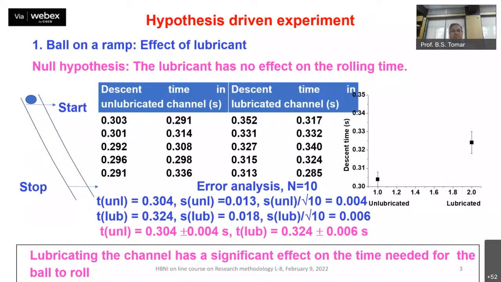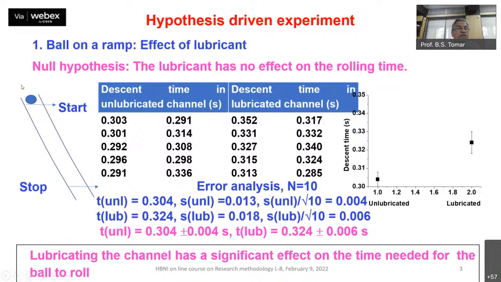Okay. So today we start the discussion on how to interpret the results when we are testing a hypothesis. And I have taken some examples from the book by Marder. This is an example of a study of the effect of lubricant on the descent time of a ball on a ramp.